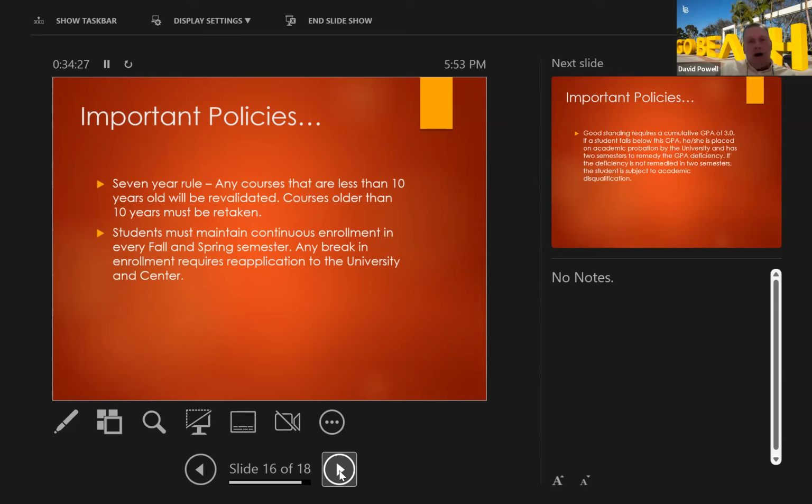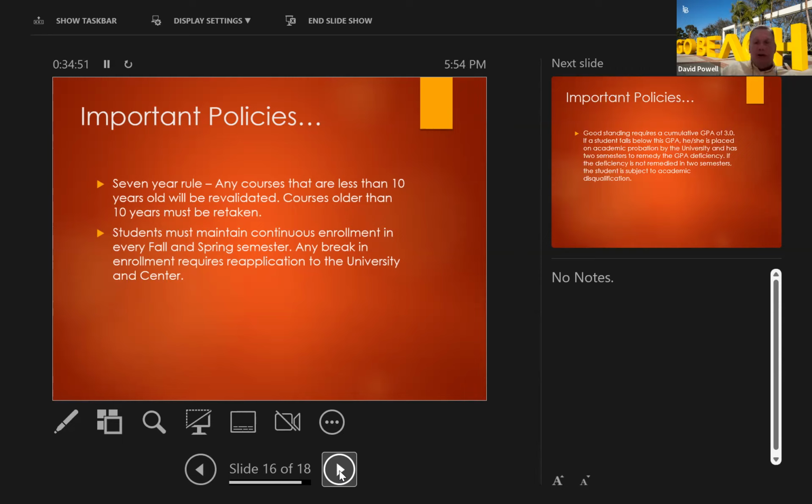But every department has the ability to revalidate classes, and every department has its own revalidation policy. Here in our department, our revalidation policy is that any course that is less than 10 years old, we will revalidate to use towards your 39-unit degree requirement. Any course that's more than 10 years old cannot be revalidated.